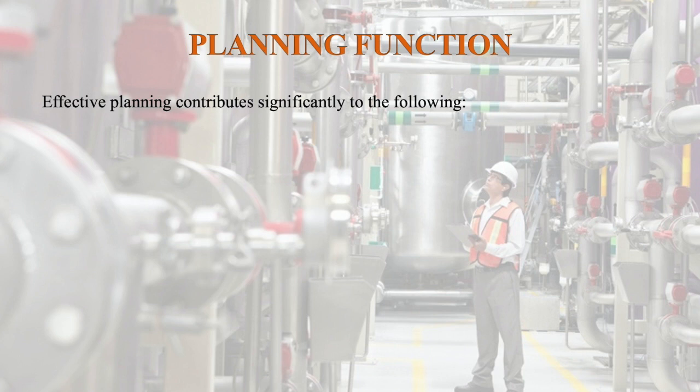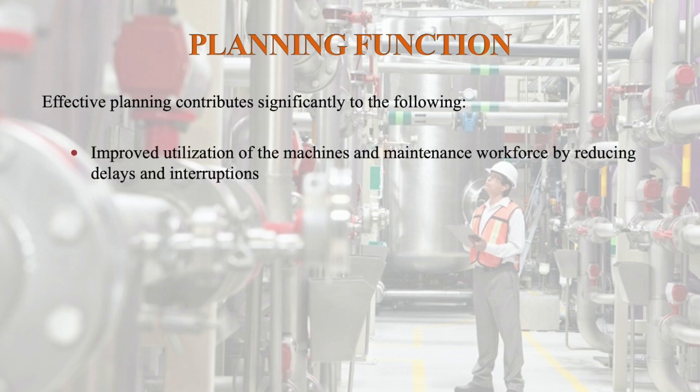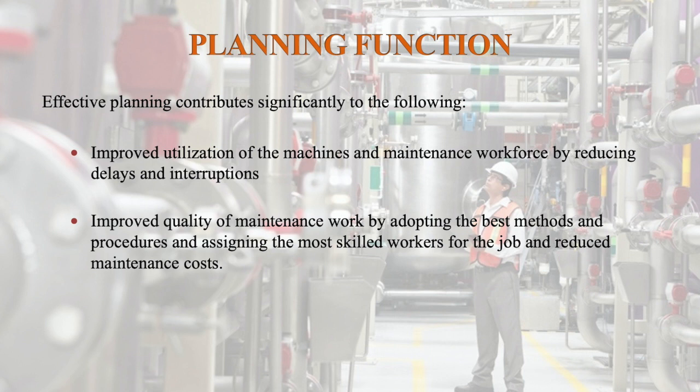Effective planning contributes significantly to the following: improved utilization of the machines and maintenance workforce by reducing delays and interruptions, improved quality of maintenance work by adopting the best methods and procedures and assigning the most skilled workers for the job, and reduced maintenance costs.